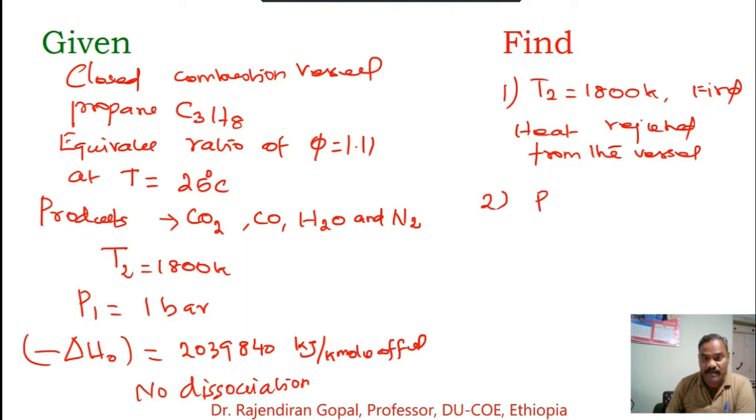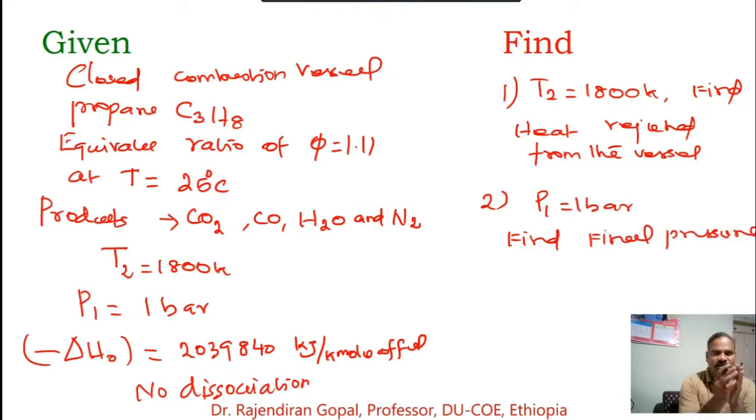Two, if the initial pressure P1 is equal to 1 bar, find the final pressure. In a closed combustion vessel, propane C3H8 is given. They are asking what is the heat rejected from the vessel and what is the final pressure.